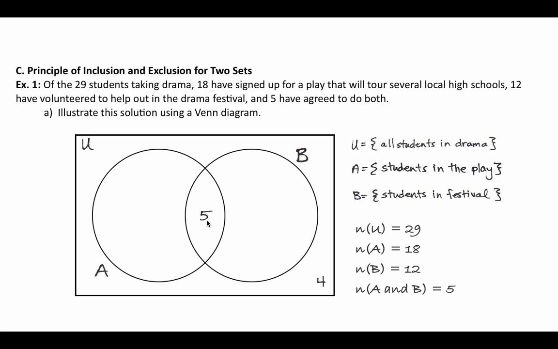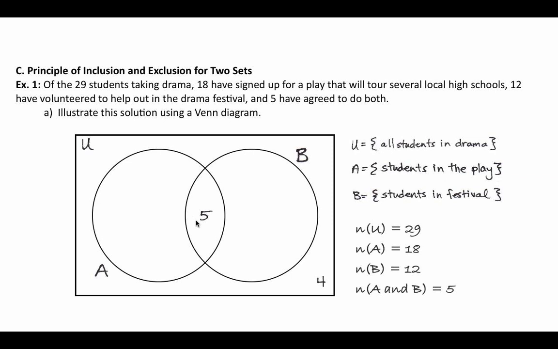And so if there are 5 students that are doing both, let's talk about then A, which is the number of students that are in the play. We know there are 18 students in the play altogether. So this entire circle is 18. But we know that 5 of them are actually doing both. So picture that these are giant hula hoops, and you've asked the 5 kids who are doing both to stand in this area of overlap.